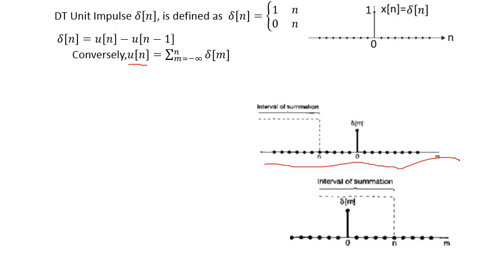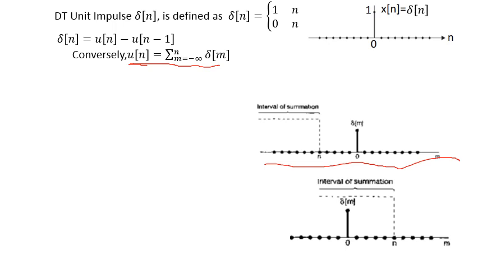So I hope you understand that this equation and these graphs show that the step function can also be expressed in terms of the impulse function, right?